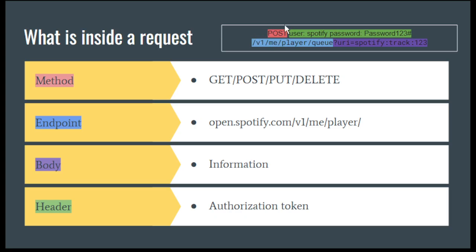In this instance, it's post, so you're creating something. It's using this header, right? The header is the authentication token, and the authentication token basically proves to Spotify that you are who you say you are, and it's giving the app permission to control the account. So in this instance, the username is Spotify and the password is password123 hashtag.